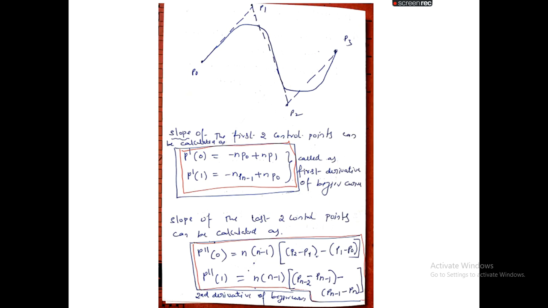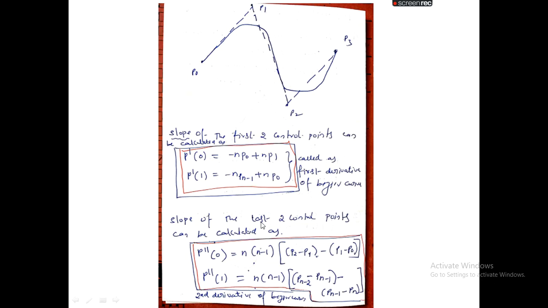The slope of the first two control points can be calculated using these equations: p dash of 0 equals minus n into p naught plus n p1, p dash of 1 equals minus n p of n minus 1 plus n into p naught. This is called the first derivative of Bezier curve.